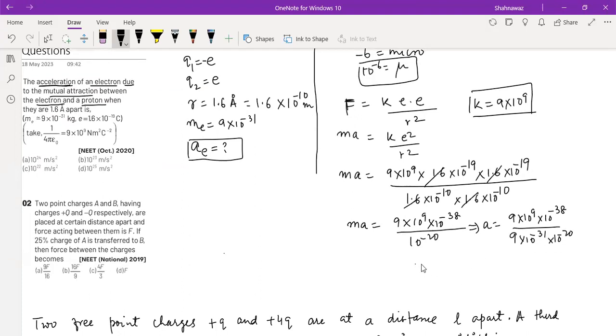The 9 cancels, and these come to the numerator, so 31 and 20 are positive, total 51, and minus 38 gives 10 to the power 13... this is the acceleration.